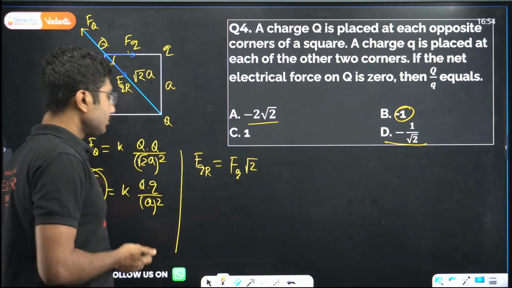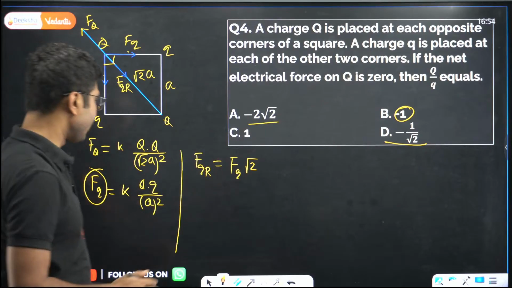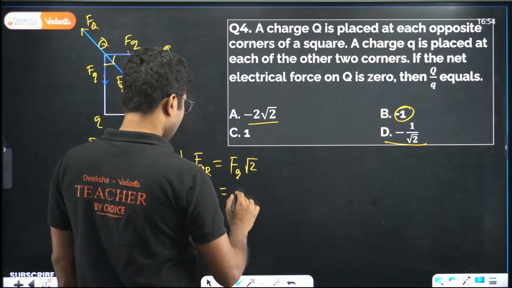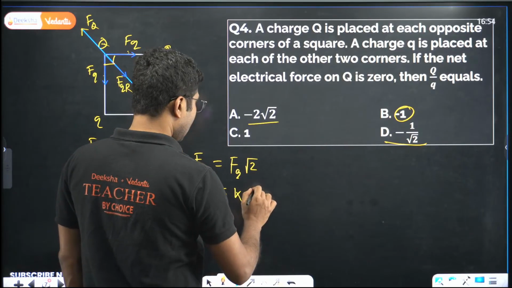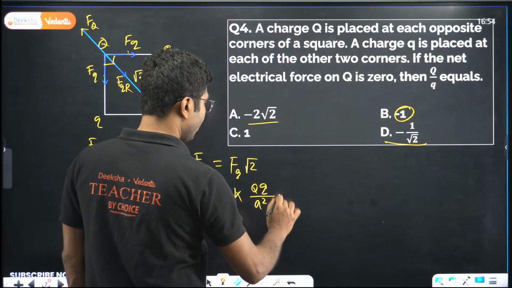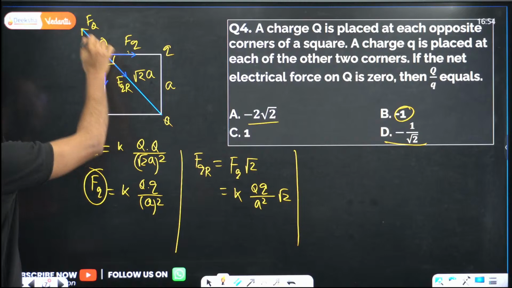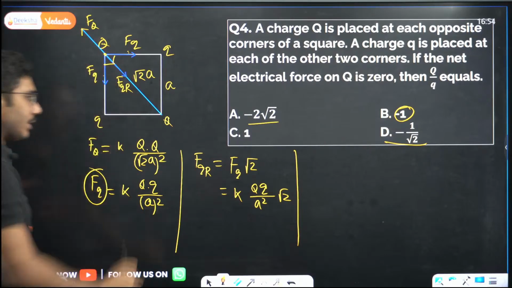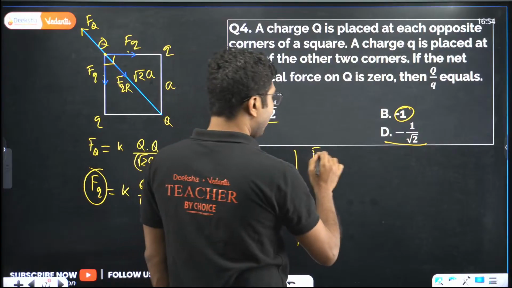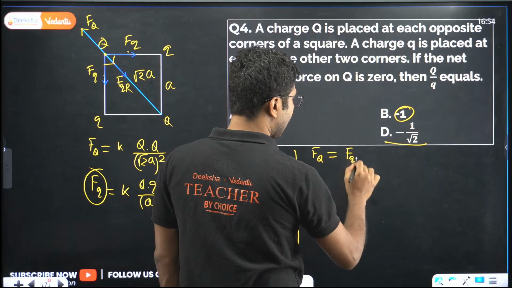Now we have to use these values in this equation. So it will be K capital Q small q divided by a squared into root 2. Now as it is mentioned that the net force acting on this is 0, that means they are equal and opposite. That means this F capital Q must be equal to F small q resultant.